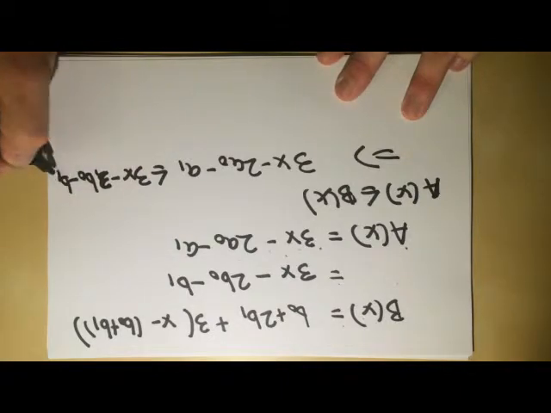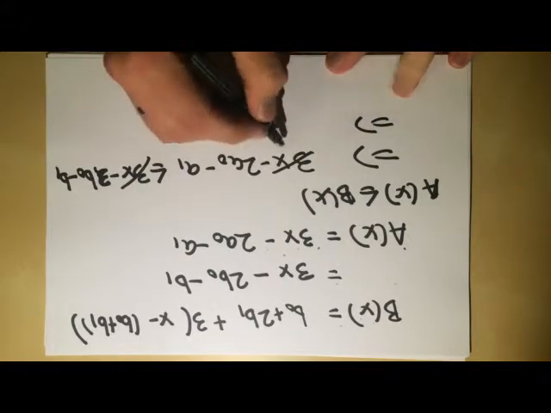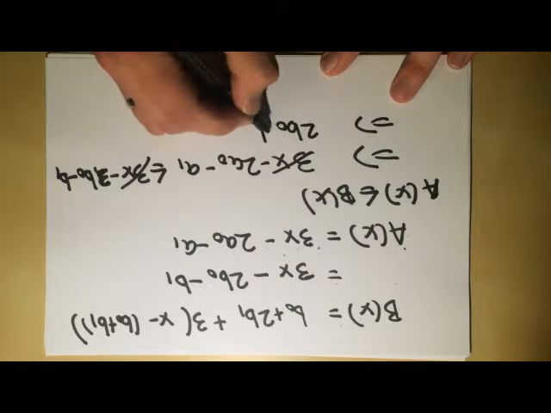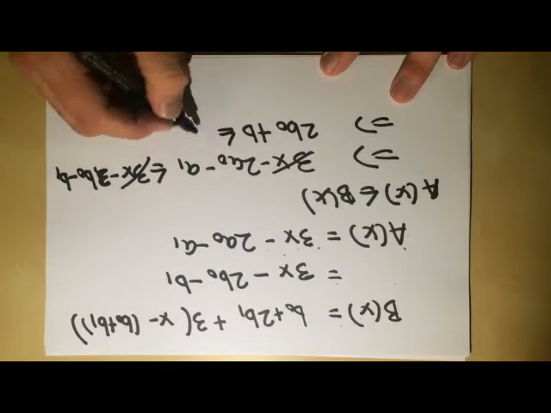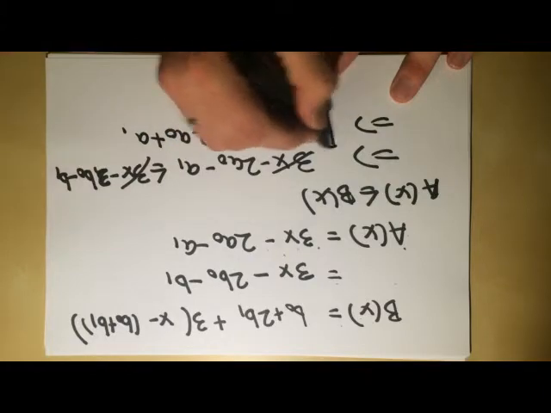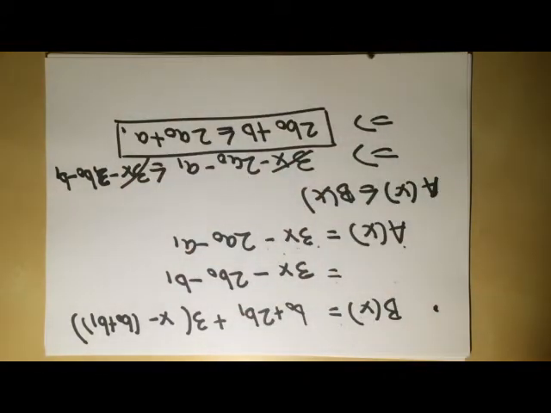These cancel here, which tells us that 2b0 plus b1 is going to be less than or equal to 2a0 plus a1. And this is kind of where these inequalities come from. That's all I wanted to explain with this example.